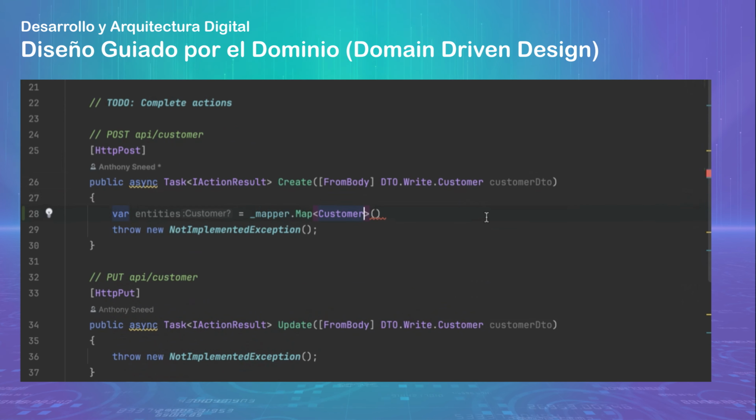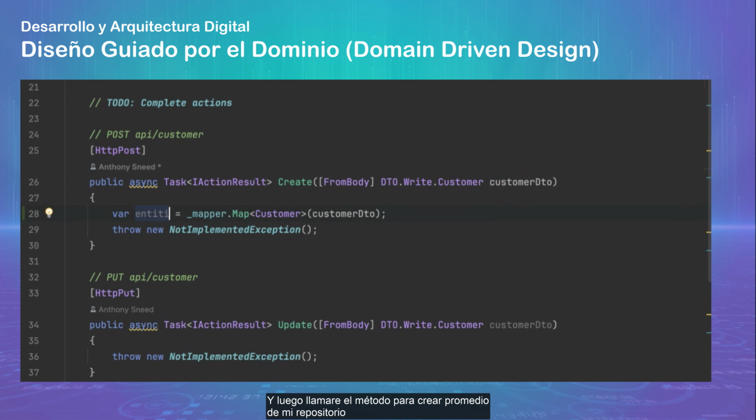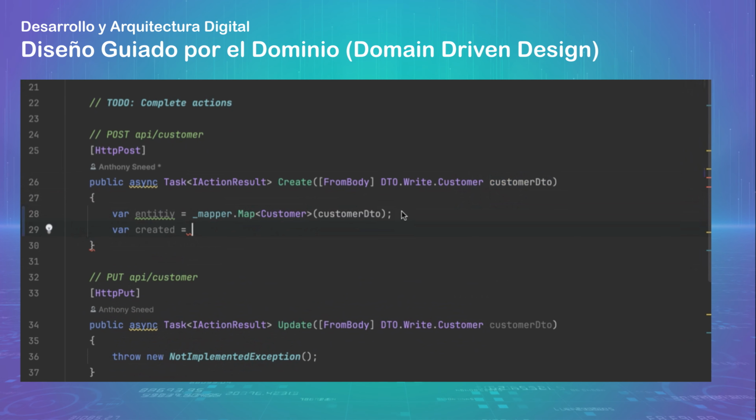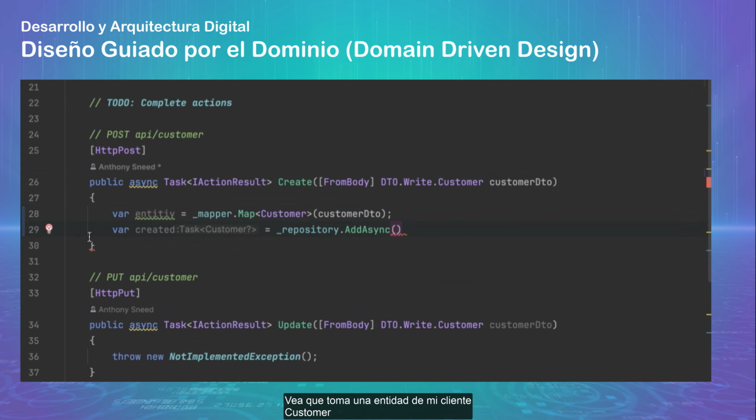So I've got that, and I'm going to convert my customer DTO to an entity, singular, and then I'm going to want to call the create method on my repository. So var created equals repository dot CreateAsync, which is AddAsync, and here notice it takes a customer entity.